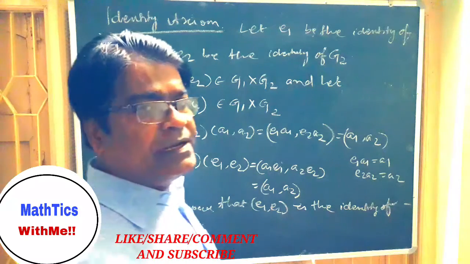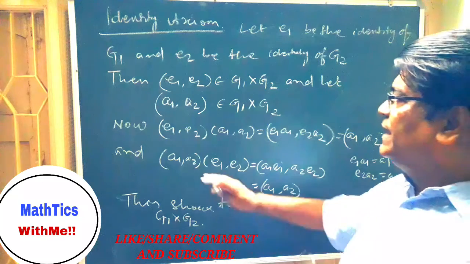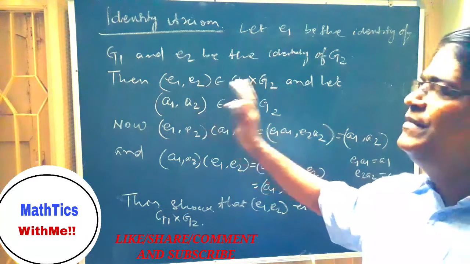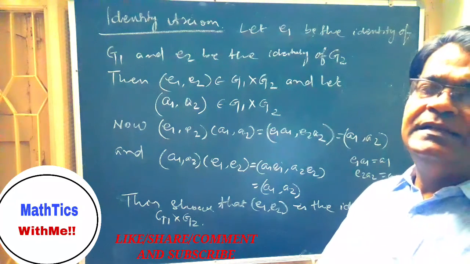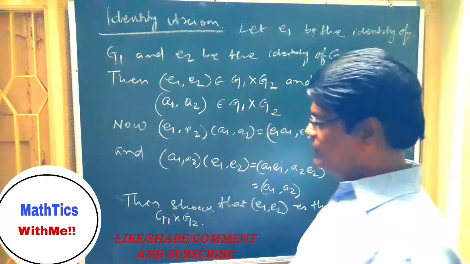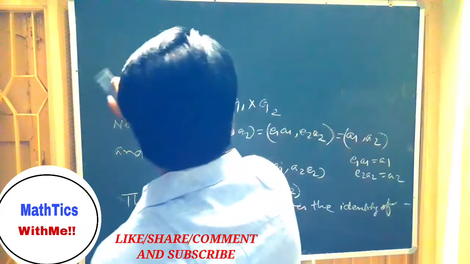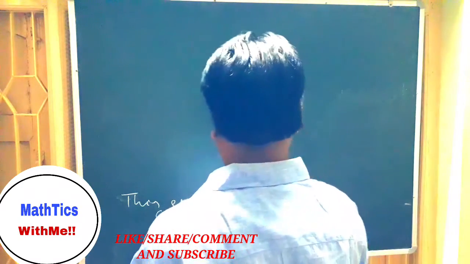So the identity property is established. Here (e1, e2), the ordered pair, plays the role of the identity element of the product set G1 cross G2. Then let us proceed to prove the last, the inverse axiom.